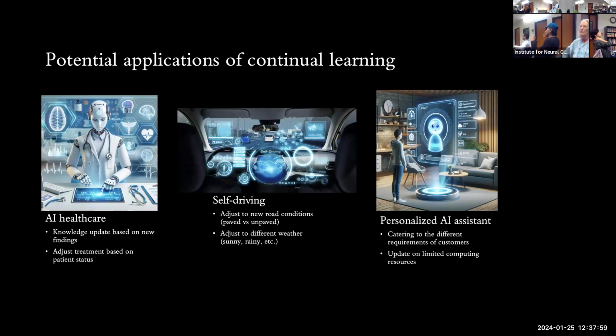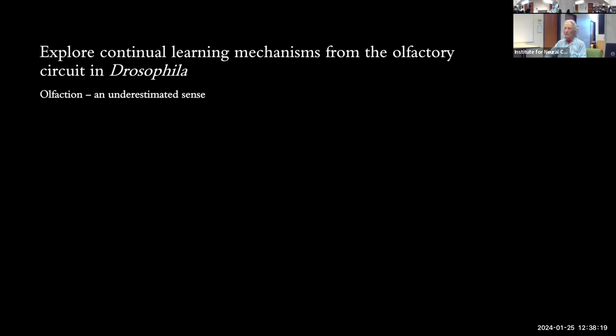In the title, I said I'm going to explore continual learning mechanisms from the olfactory circuit in Drosophila. This might seem a little bit weird, because why olfaction and why Drosophila? Olfaction may not seem to be a very vital sense for us in modern life, but it is actually a very underestimated sense, and animals do need it to survive in the wild.